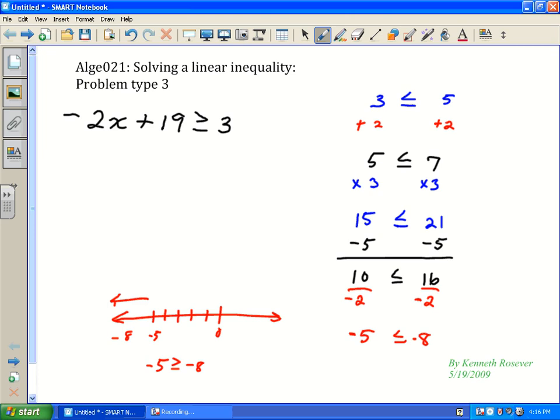Because the fact of the matter is when you multiply or divide by a negative, you change everything to its opposite. And in doing so, the sign that used to be true is now no longer true unless you turn it to its opposite as well. What I mean by the opposite is the opposite direction.